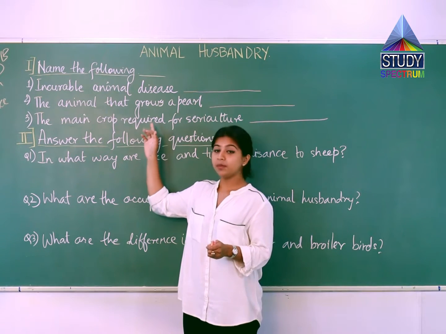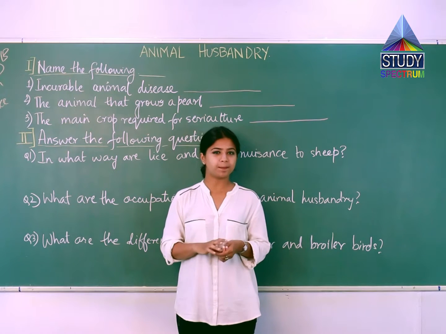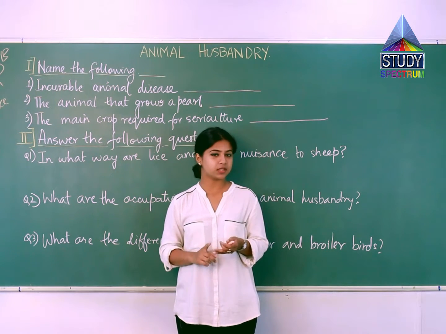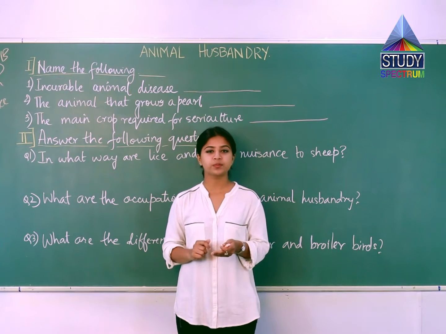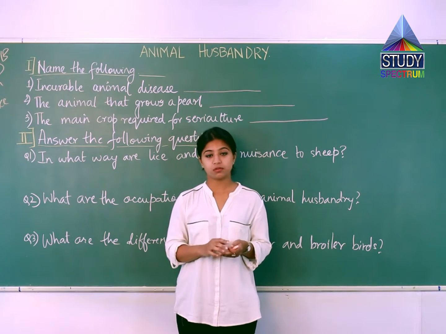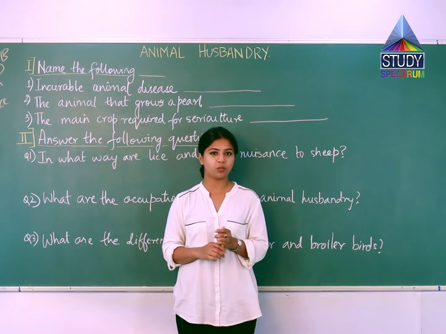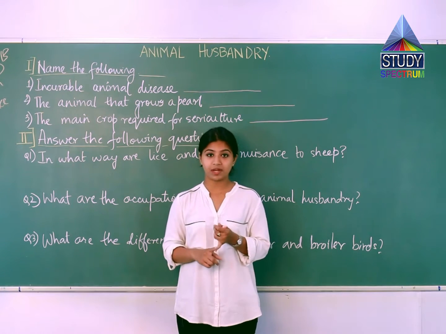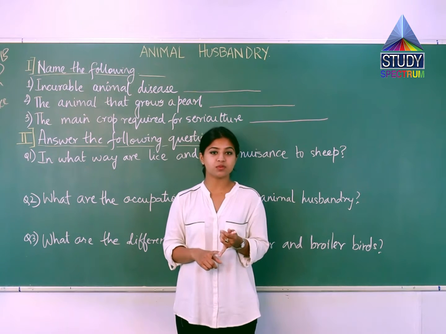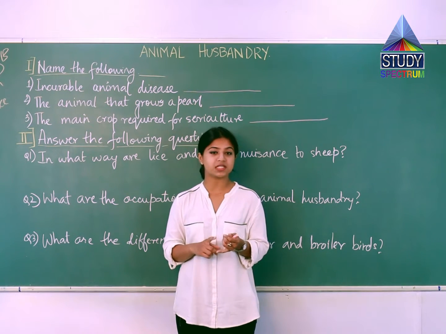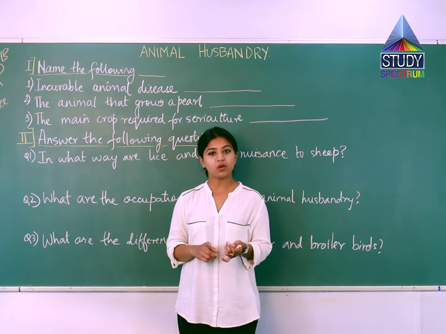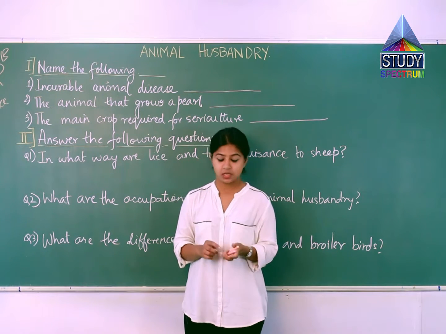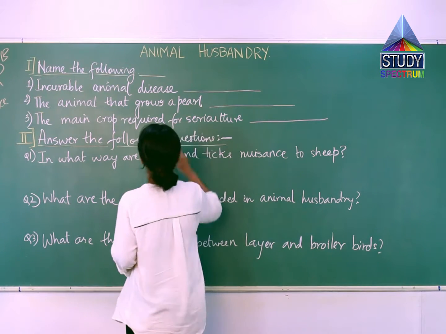So, incurable animal disease, what would that be? In health you learned about dogs, you learned about birds, you learned about cows and other animals too. But what did you learn that one part? That one part was about rabies. That we learned that rabies was an incurable animal disease. Along with that, also the bird flu was an incurable disease. So we'll just write that down.